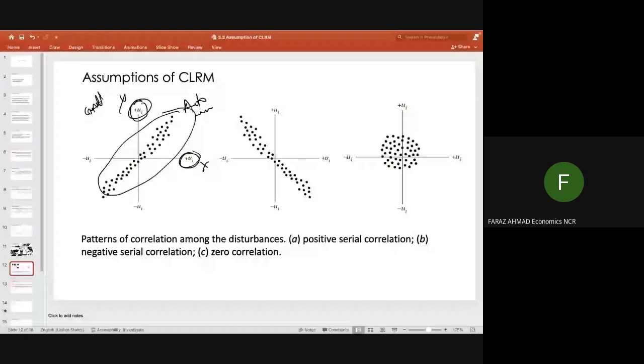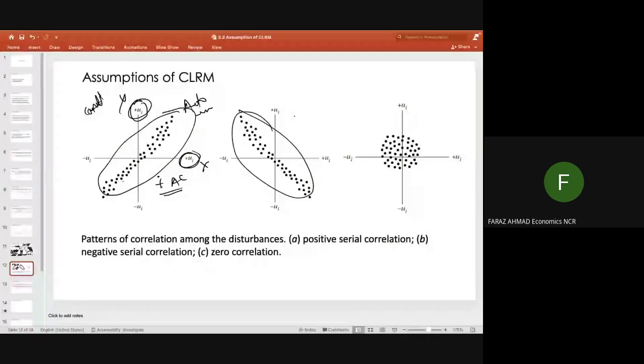If you plot all the errors, and the plot looks like this, that means there is positive autocorrelation. If you plot all the errors and the plot looks like this, you can call it negative autocorrelation. If you plot all the errors and the plot looks like this, you will call it zero autocorrelation.